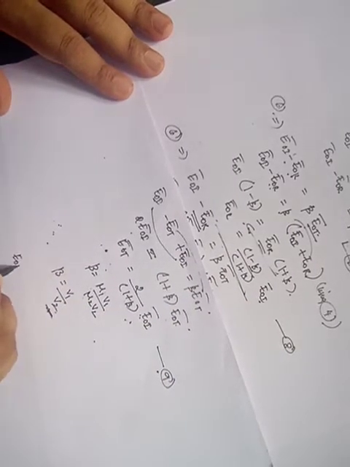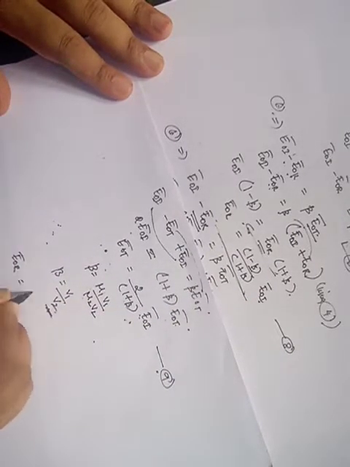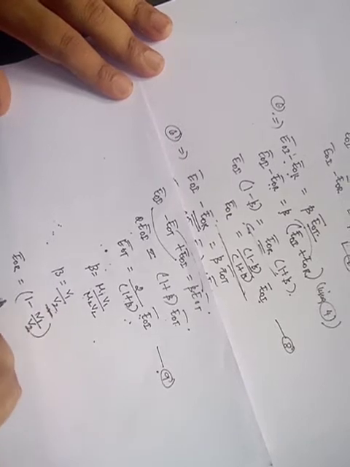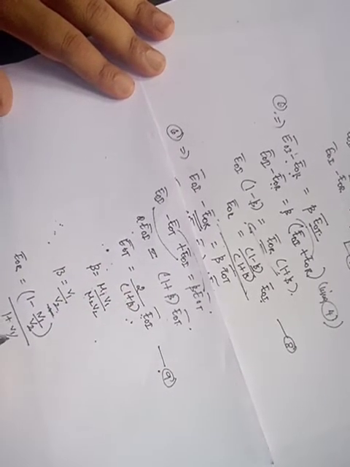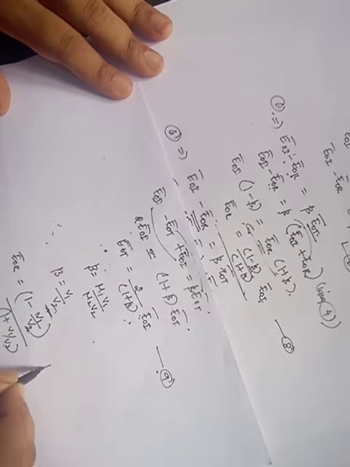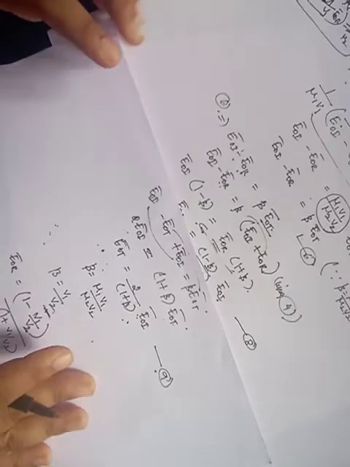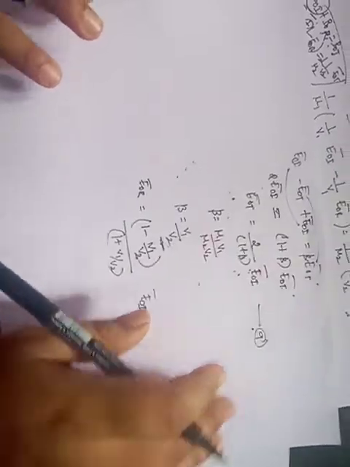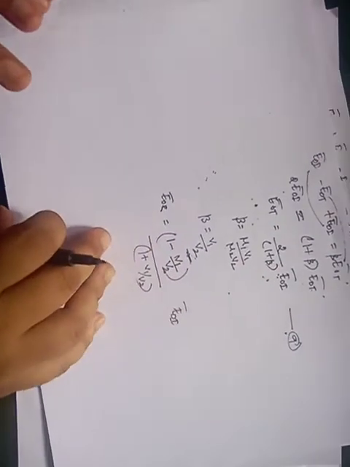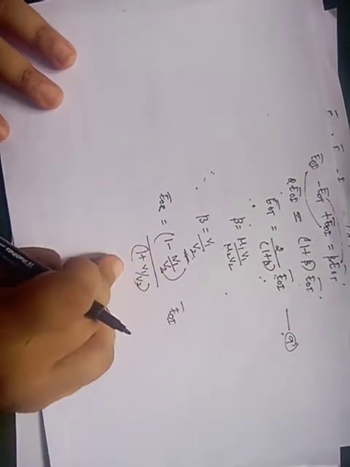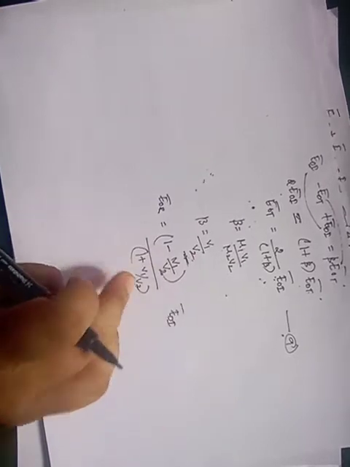So E naught r equal to 1 minus v1 by v2 divided by 1 plus v1 by v2 into E naught I.